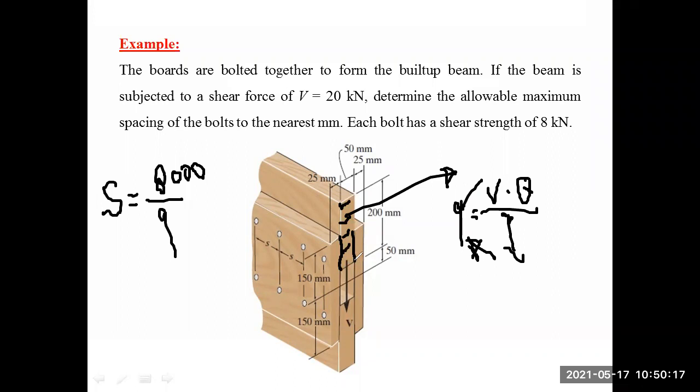So that Q that I have calculated based on this part, how many rows of nails got disconnected by removing this part from the rest of the cross section? One or two rows?